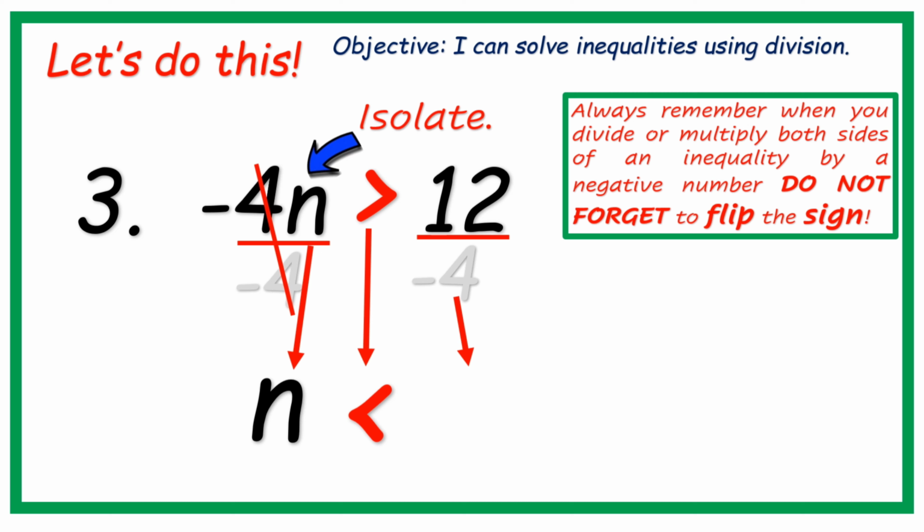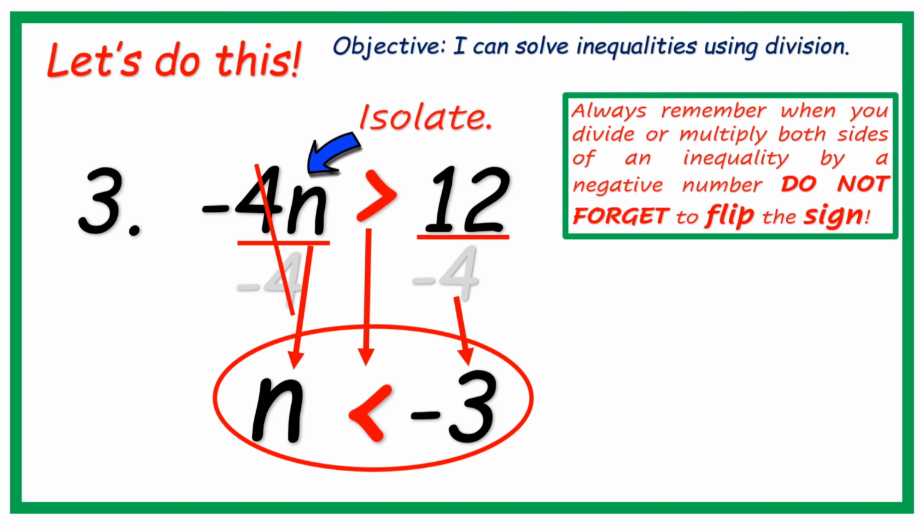Then after that, just solve 12 divided by negative 4. Again, different signs will give you a negative answer. Positive 12 divided by negative 4 is negative 3. Just like that, guys, our final answer: n is less than negative 3. You got it.